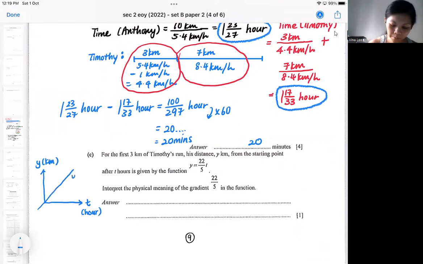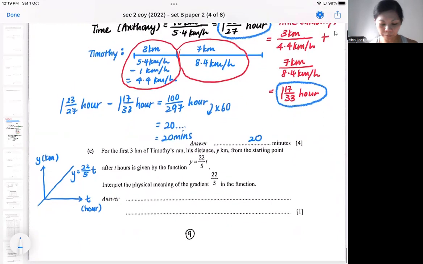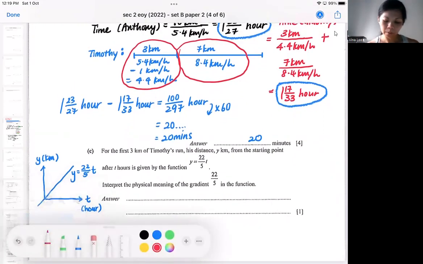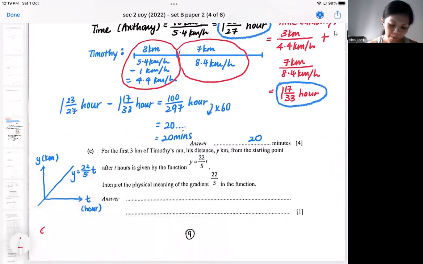So they are asking for the physical meaning. That means what is the interpretation, or what is the significance, of the gradient. When we talk about gradient, gradient is a fixed formula. Since Secondary 1, gradient can be rise over run, which I don't usually teach.